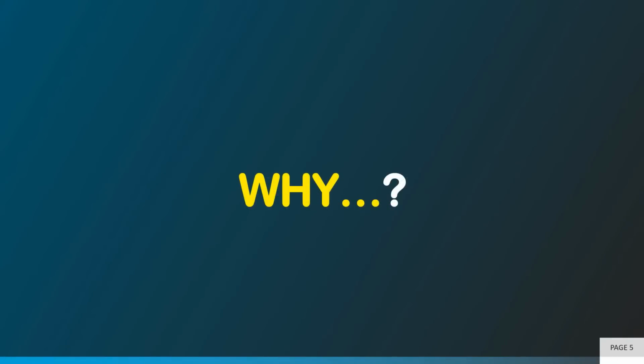Why did the employer discriminate against the employee? You must be able to articulate clearly why. Now, you don't necessarily need smoking gun evidence. You can prove the why through what we call circumstantial evidence.